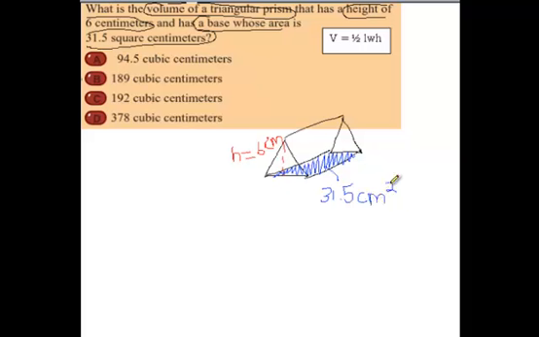Now, this is confusing because what this is actually saying is that the height is 6, but this whole thing is basically the same as the length times the width.